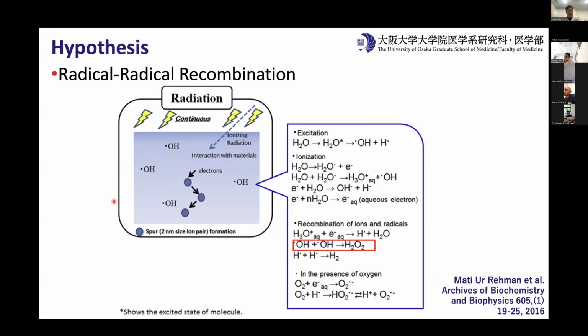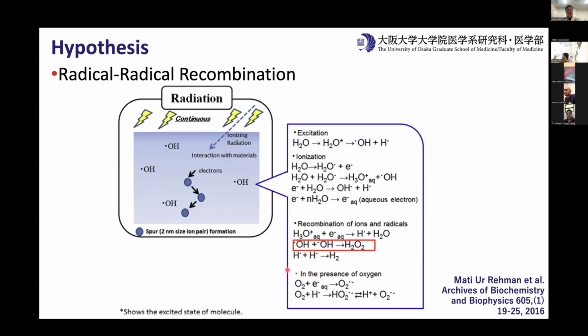So when the radiation is delivered over a very short time, it is an extremely high dose rate. As in FLASH radiation, radicals are generated locally at very high concentrations. Under such high density conditions, the rate of radical generation exceeds the rate at which intracellular oxygen can be consumed.